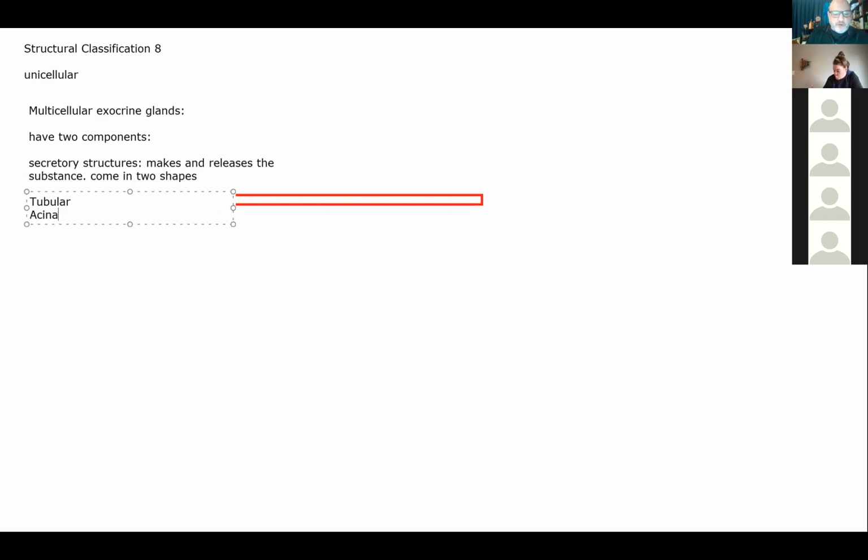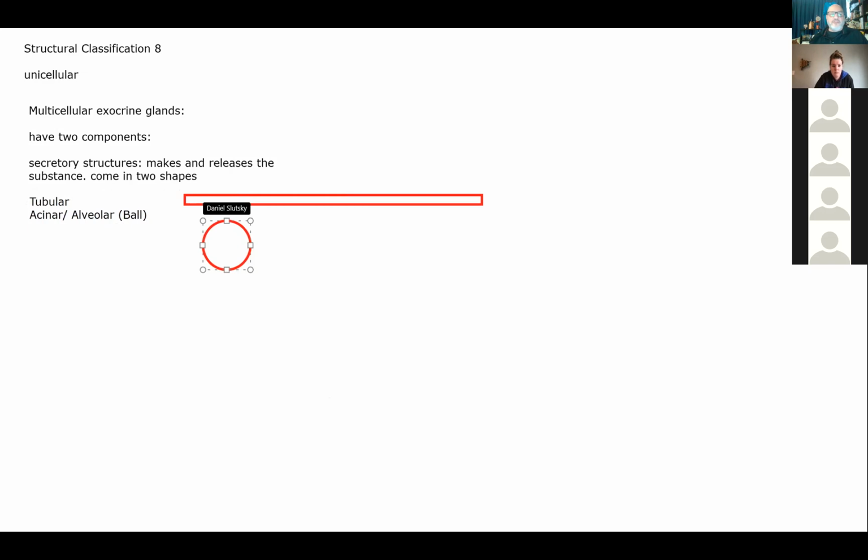We'll go with acinar, since we're using adjectives, or it is also known as alveolar. Both of these are ball shaped. Don't use the term ball; use either acinar or alveolar in describing them. They are these round ball-shaped structures. Their job is to produce and release the contents.